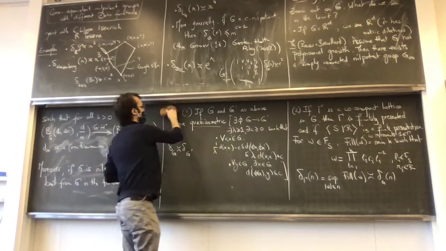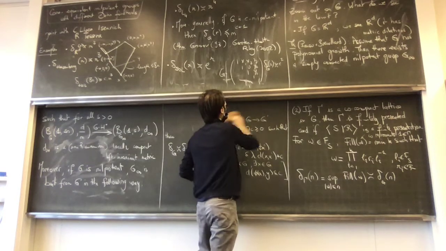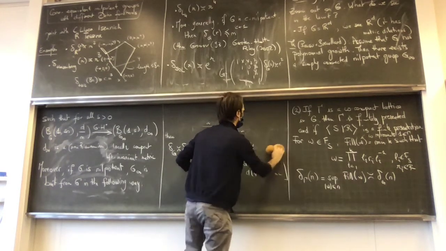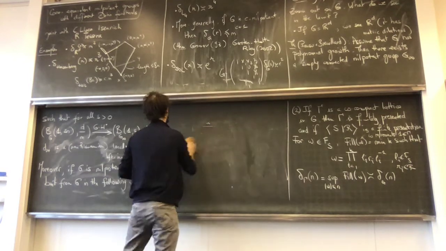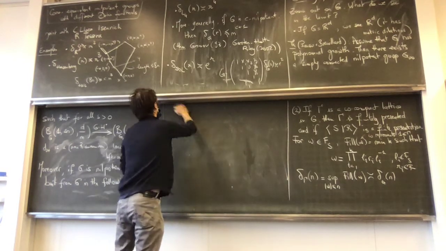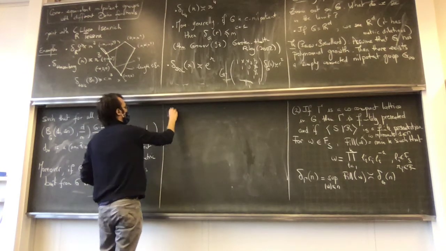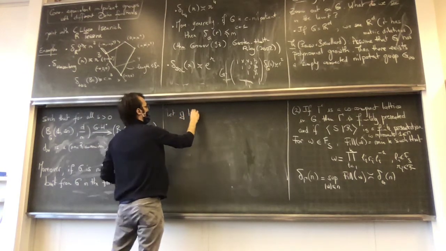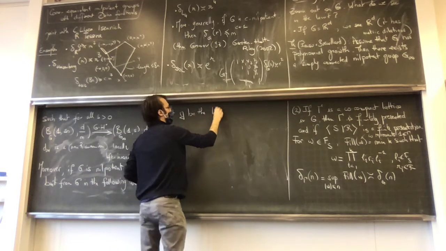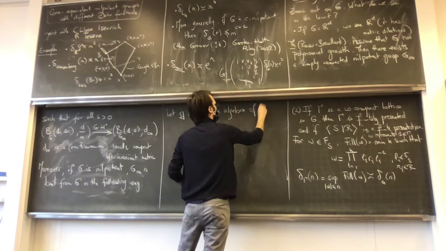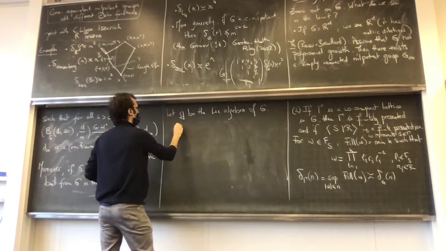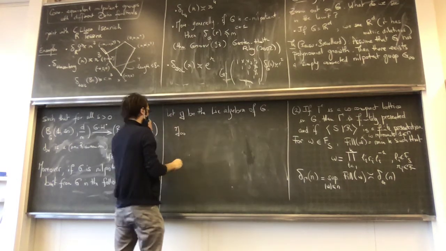You take the Lie algebra, so let G be the Lie algebra of G, and you set G infinity first as a vector space.